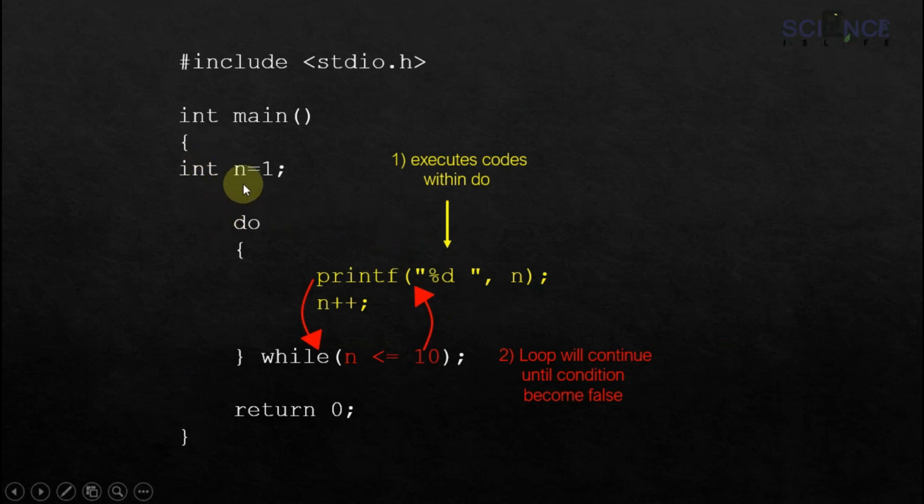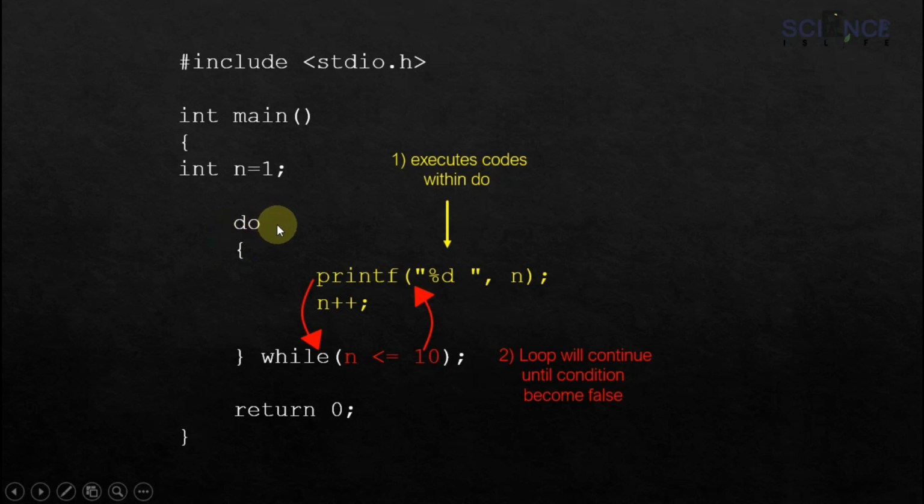Here I have the same example that I did with while. Here again I am creating an integer n and initializing it as 1. Then I am coding do while. So here you can see do; when the compiler comes here, there is no condition to check before we jump into the do, right?